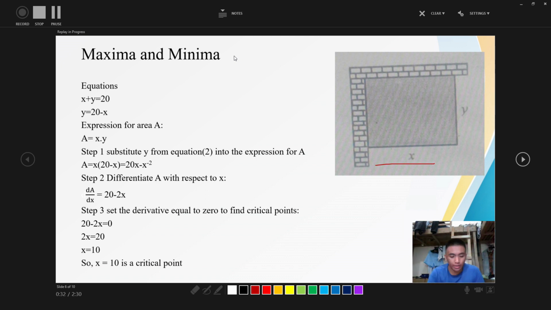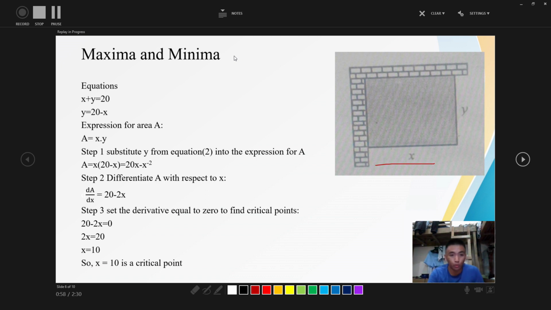Step 1 is to write the expression for A using y from equation 2. So A equals x times (20 minus x), which equals 20x minus x squared. This is the expression for the area A in terms of x.